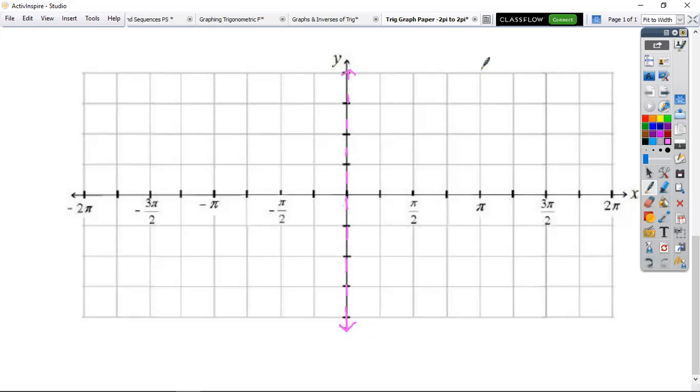And I was at 180, which is pi. And 2 pi, which is 360. And back this way. And last.